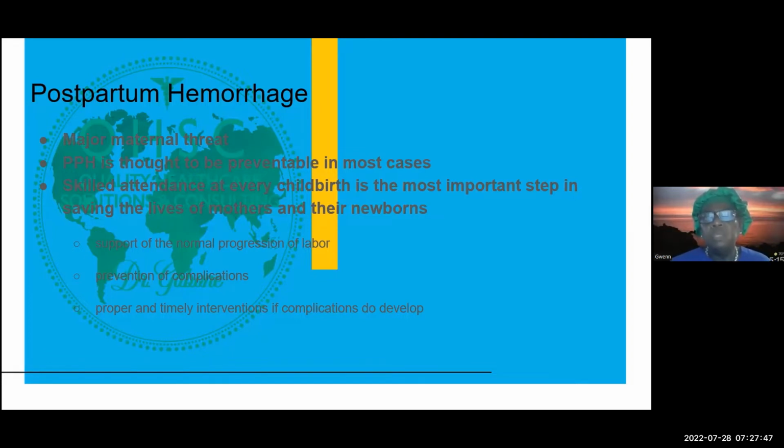And what is being said is that it's pretty much preventable, because if we have good identification, good clinicians, good staff, then we can alleviate some of these problems. So we talk about skilled attendants, which means people who can support the progression of the labor, individuals who are knowledgeable about complications that could potentially happen, and then the proper and timely interventions if complications do develop.